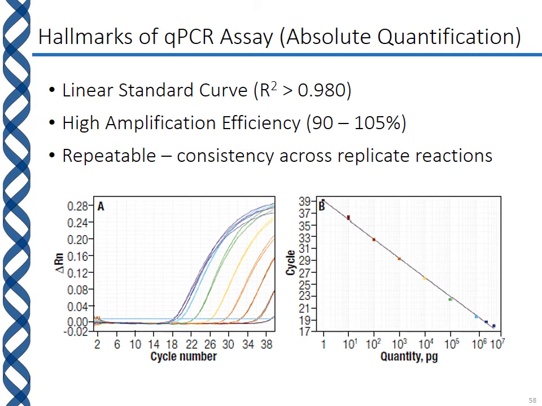This also helps to plot the repeatability between the replicate reactions to see how consistent they are, and this is where the absolute quantification part of the qPCR assay is very valuable.